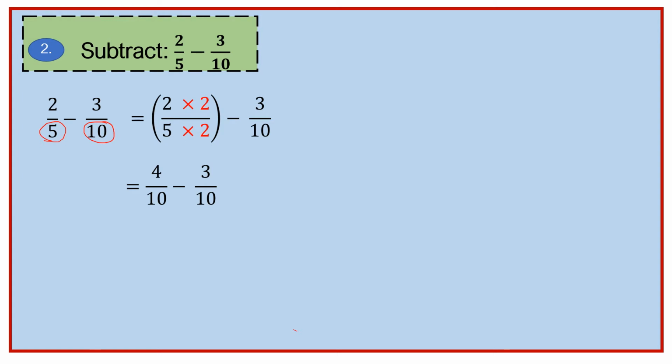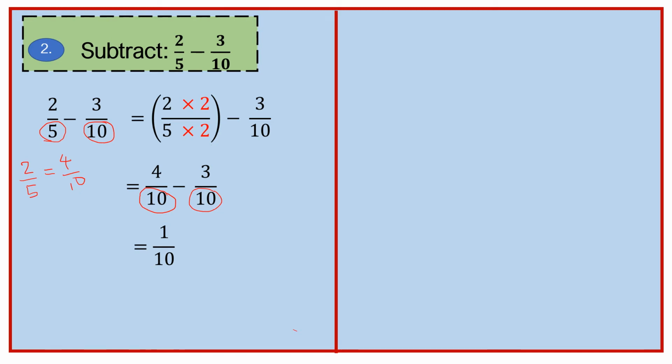Remember that 2 out of 5 is the same as 4 out of 10. Since now the denominators are the same, we can keep the denominator and subtract the numerators, such that we get 1 out of 10.